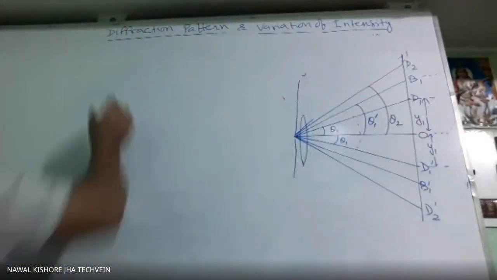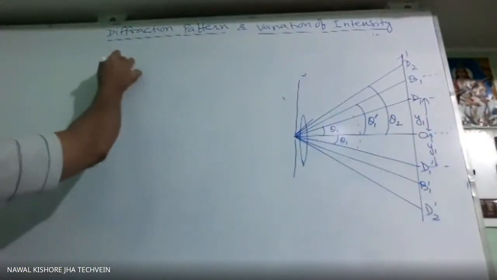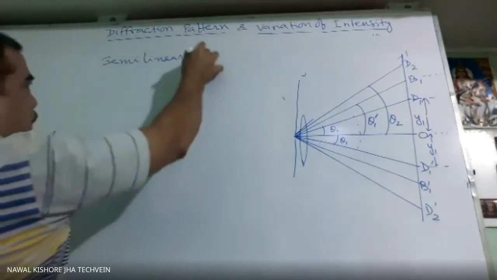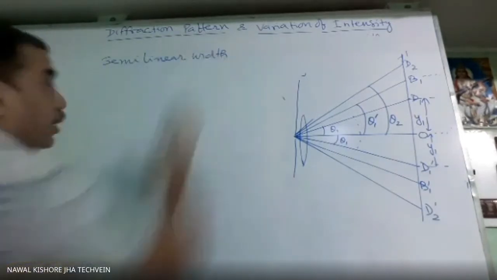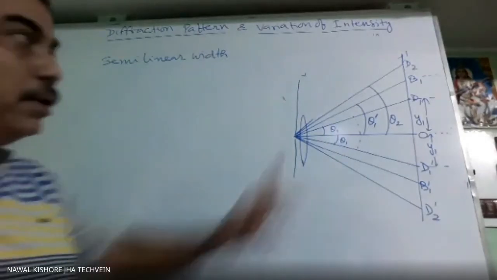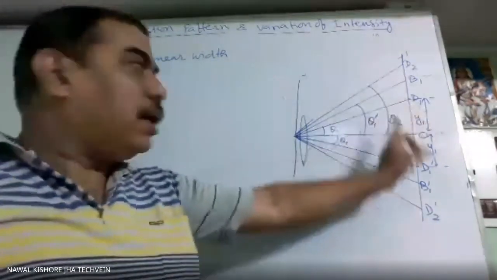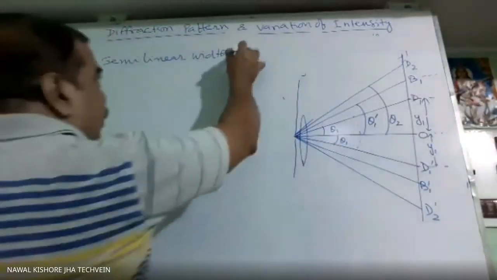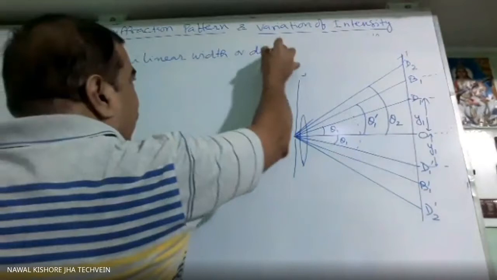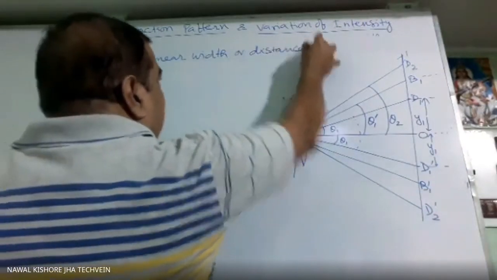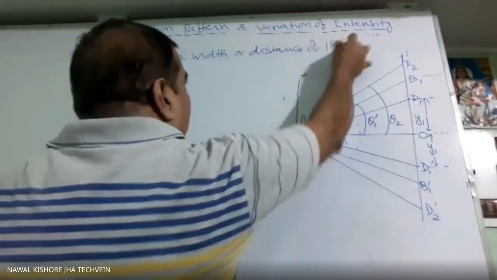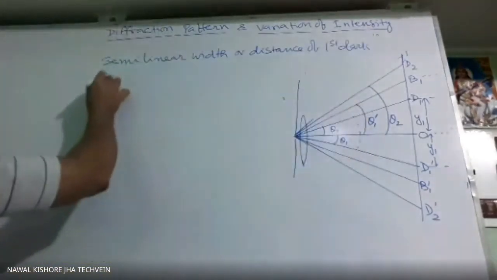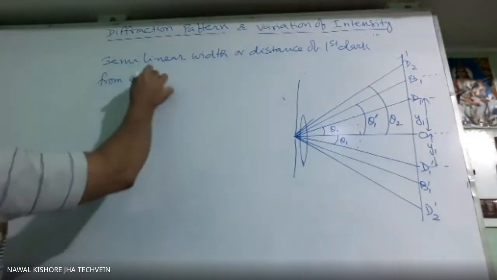So first we'll find the semi-linear width, or the distance of the first dark from the central maximum.